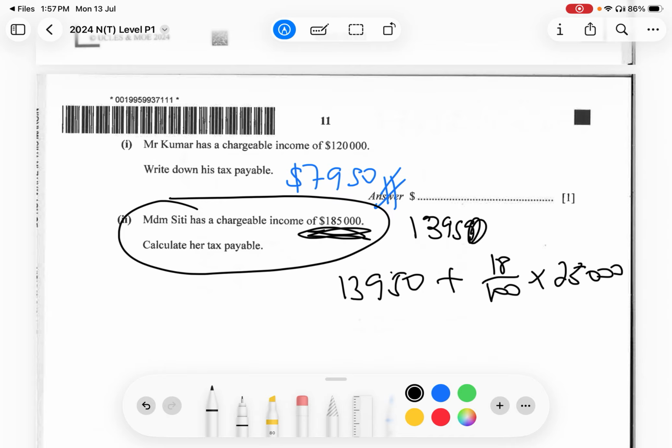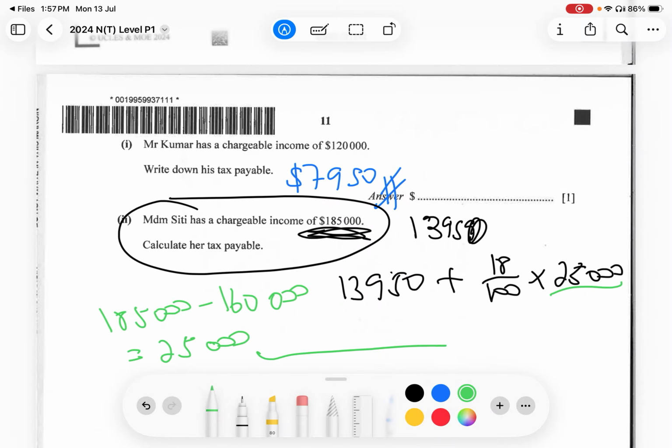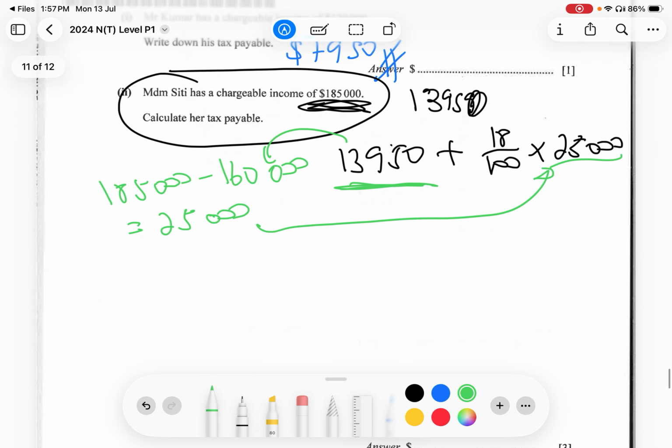This 25,000 is this. This one is based on this one because this amount itself is for the 160,000. So this is the tax for the 160,000. Then this is the tax for the remaining 25,000.